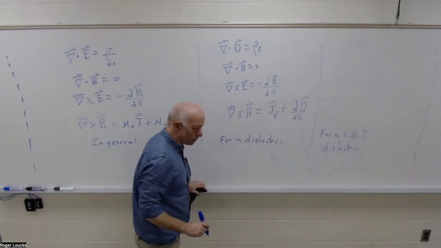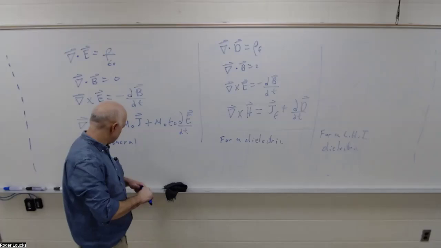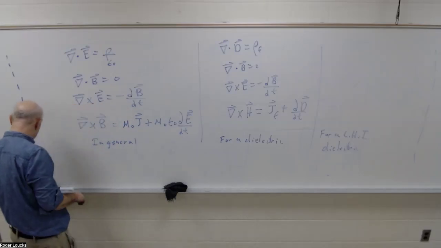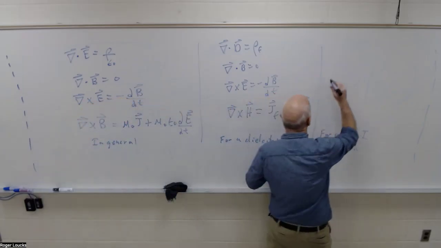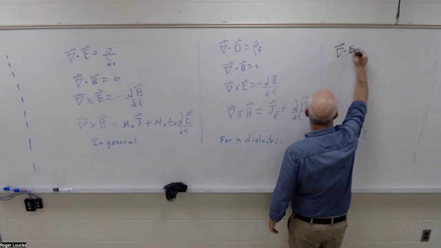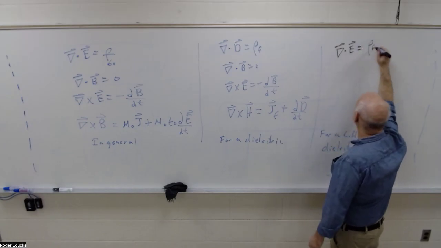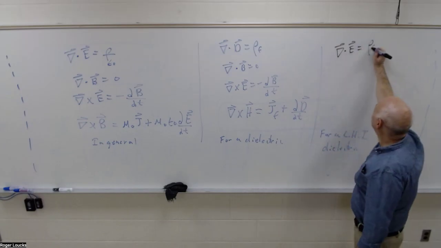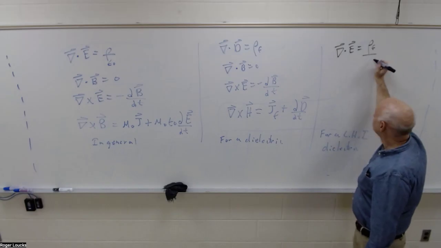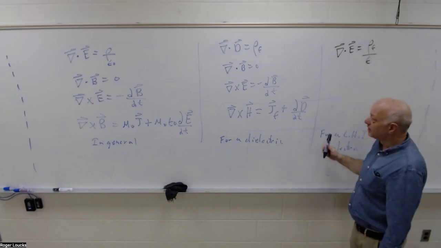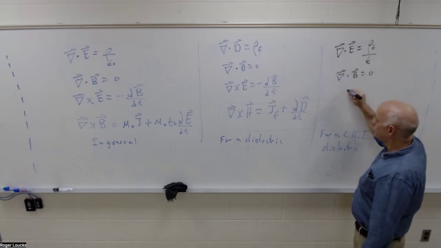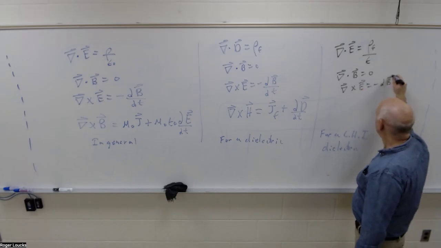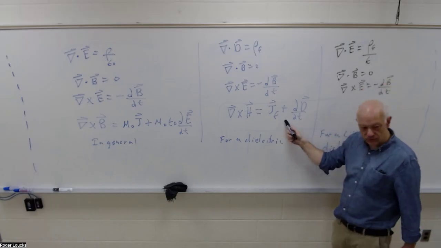Okay, what did it then become for a linear homogeneous isotropic dielectric? The divergence of E equals rho free over epsilon naught. Oh, my bad, just epsilon. These stay the same. This goes to what?